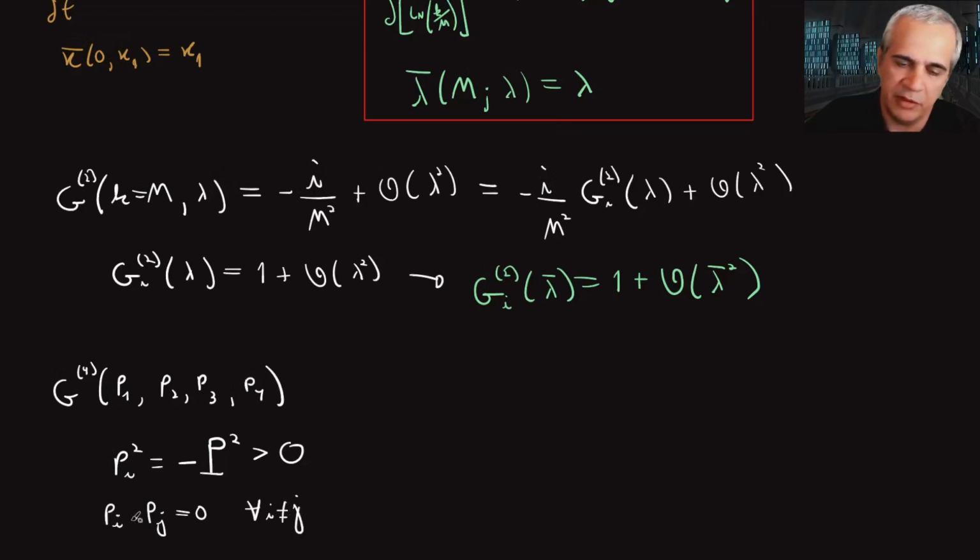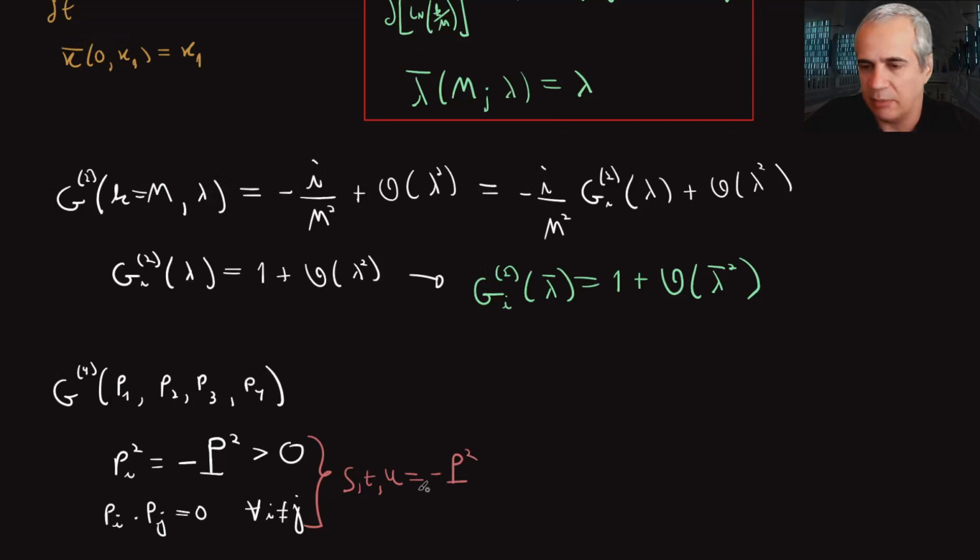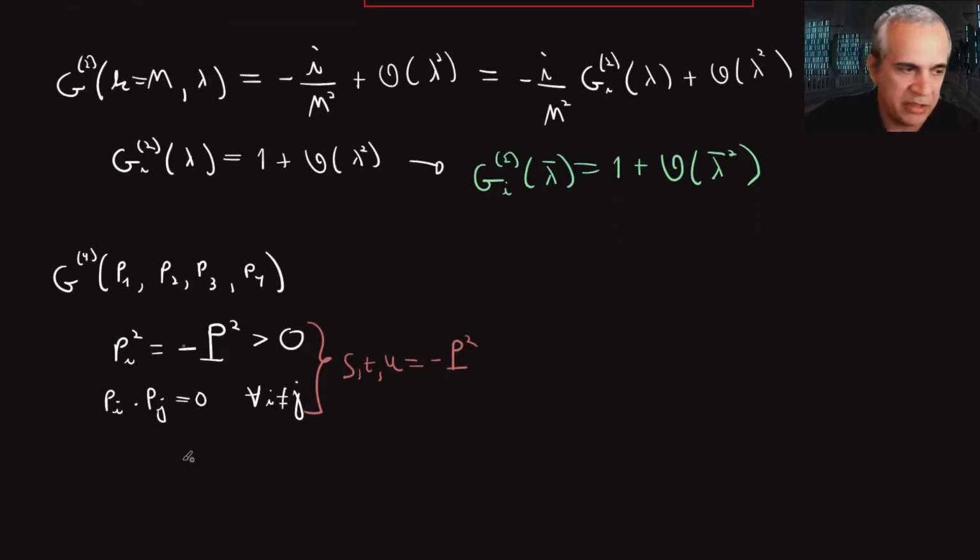That's equivalent to taking all these Mandelstam variables equal to the same scale. So this is the momentum going through this Green function, and I'm saying, well, let's assume they are all the same. So now in this case, I have only P squared, which is a relevant physical quantity. Everything else is unphysical.